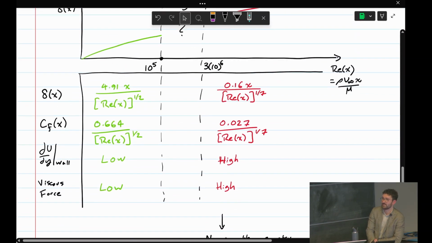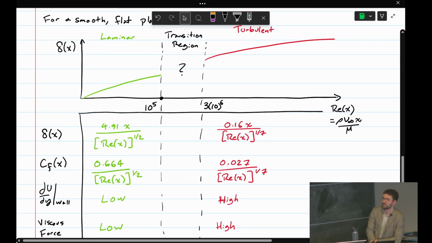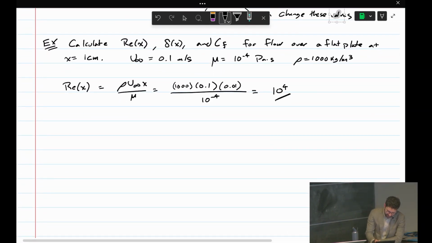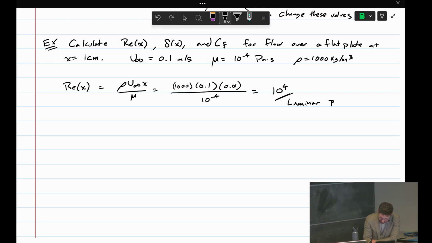Yes, please. Laminar, good. So the answer is laminar. Assuming this is a very smooth flat plate, there's almost no turbulence in the free stream, that sort of thing, it means we have a laminar boundary layer at 1 centimeter along this plate.